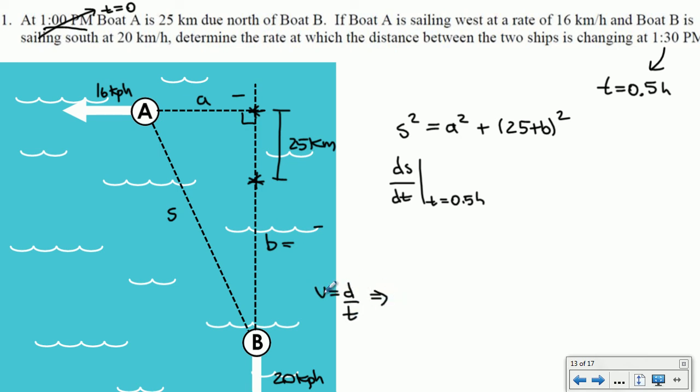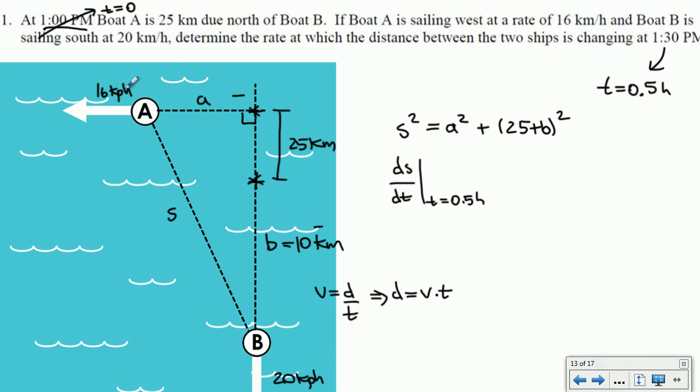The distance is given by velocity times time. So if we multiply 20 kilometers per hour times 0.5 hours, that's 10 kilometers. So at 1:30, B is 35 kilometers south of A.